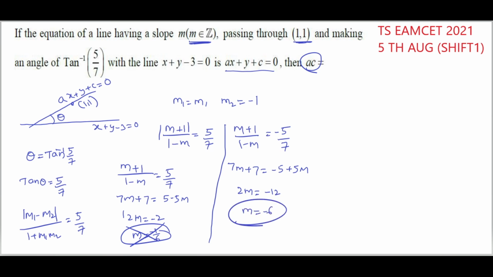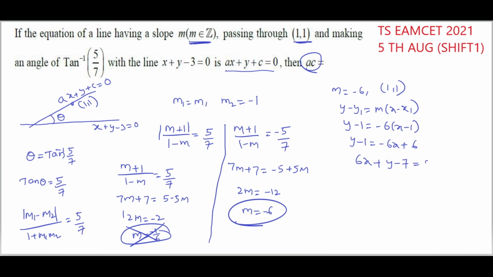Therefore, the equation of the line having slope m equal to minus 6 and passing through (1, 1) is y minus y1 equals m times (x minus x1). y minus 1 equals minus 6 into (x minus 1). Therefore y minus 1 equals minus 6x plus 6, so 6x plus y minus 7 equals 0.